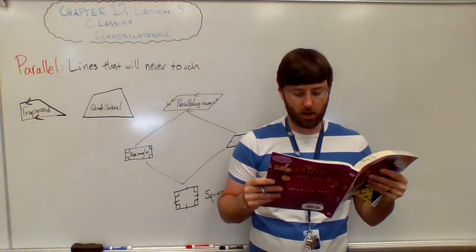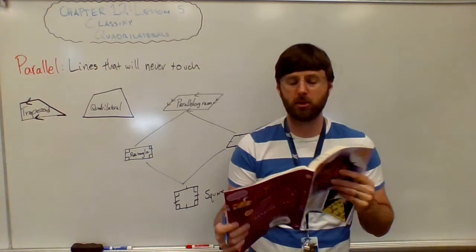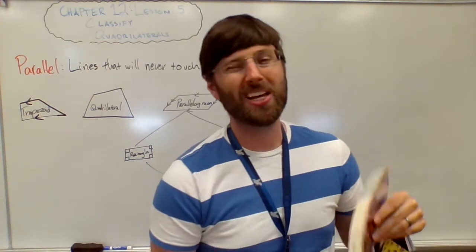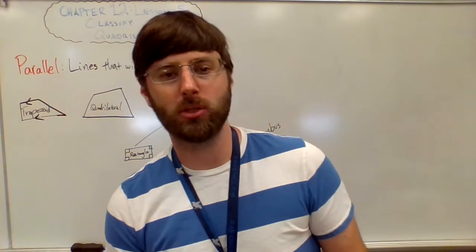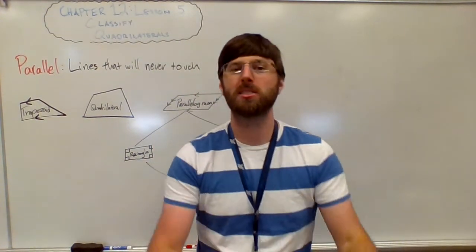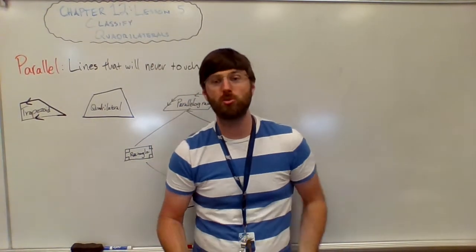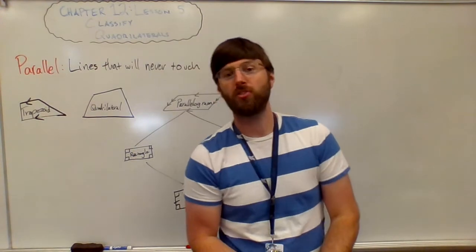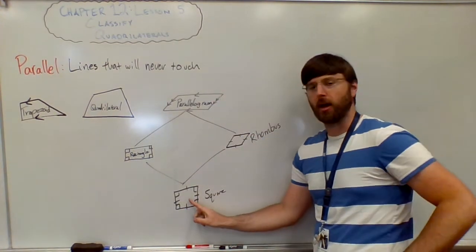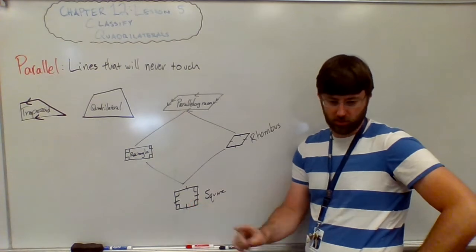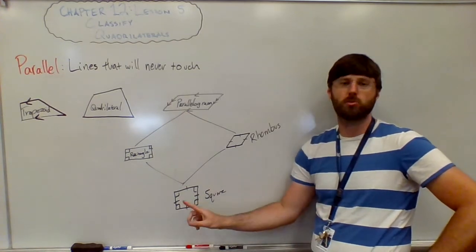Okay, you're going to work on the rest of the assignment following the directions listed there. When it says classify a quadrilateral, remember, classify means give the most specific name you can to it. So if there is a picture of a square, which there's not, but pretend that one of those was a picture of a square.